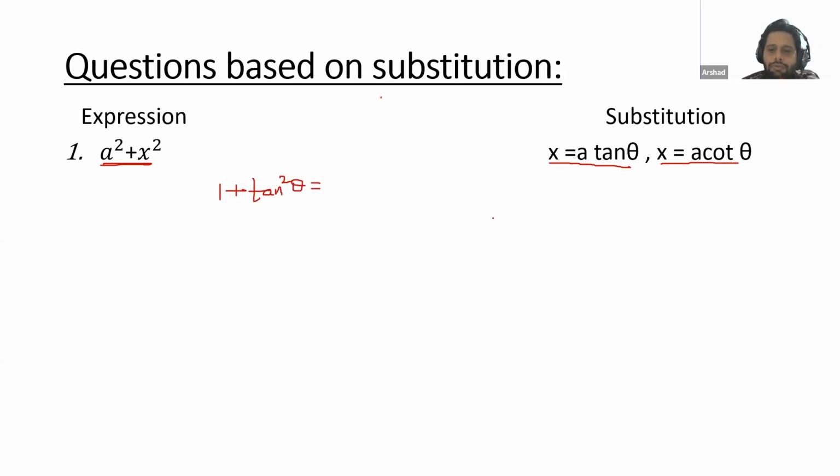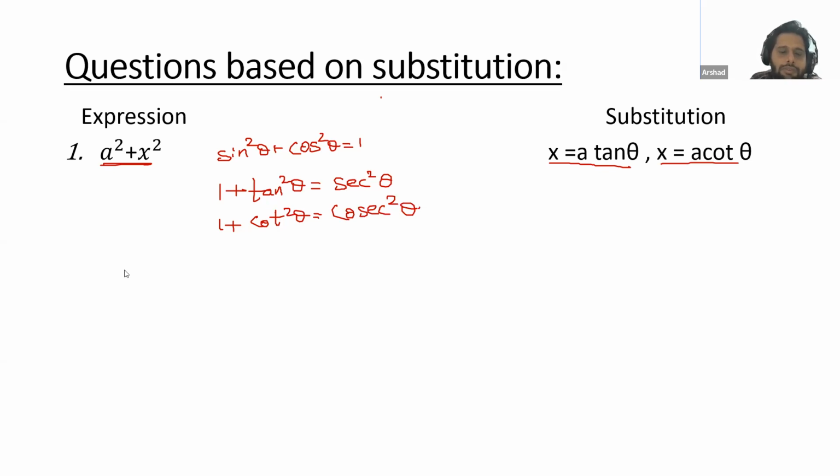These are the three basic identities you have done in class 10th: 1 plus tan square theta is sec square theta. Then we have sin square theta plus cos square theta, which is equal to 1. Then we have 1 plus cot square theta is equal to cosec square theta.